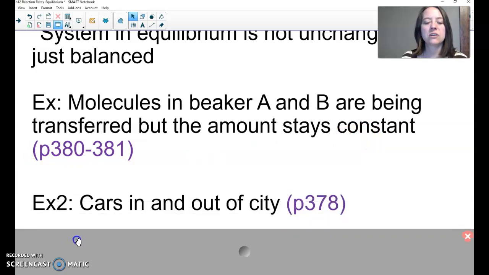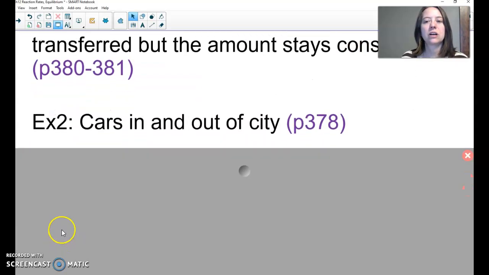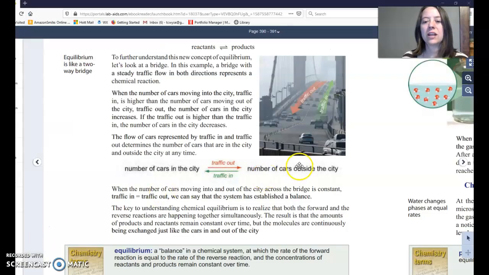Let's look at another example. Cars in and out of the city. Please write that down, and then let's take a look at it. Looking in our book, we see a picture of a bridge and traffic going into the city and traffic coming out. So let's say there are 1 million people in the city and 1,000 cars go in.